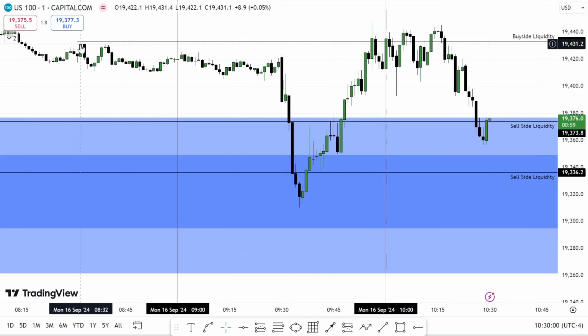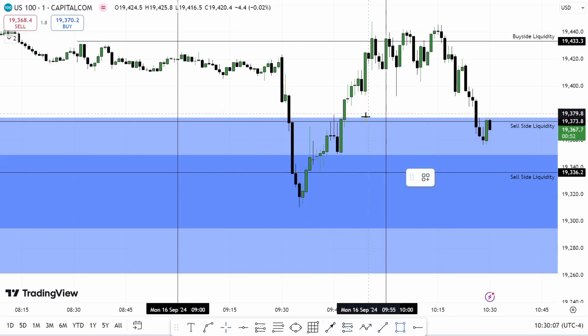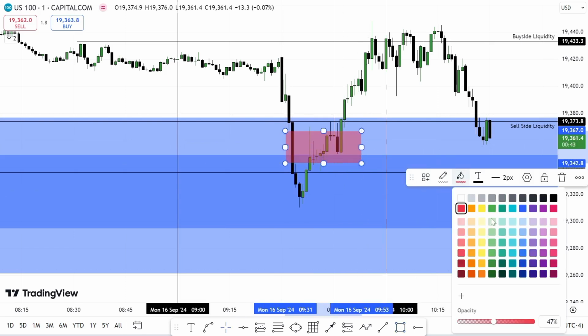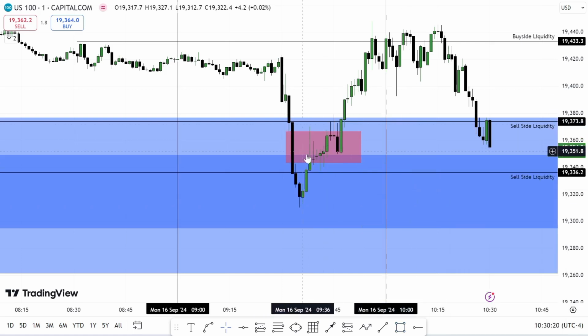And you see how this buy side liquidity looks relatively equal. Now we have this bearish fair value gap here. I looked at price.